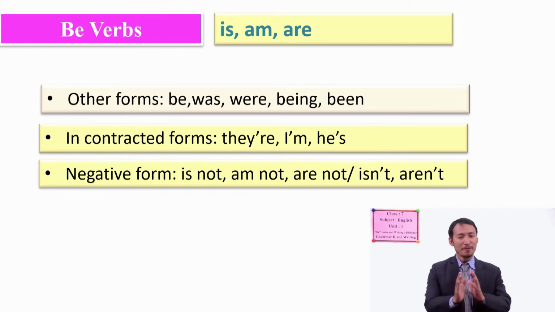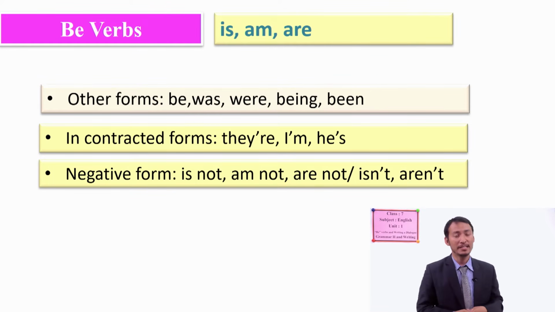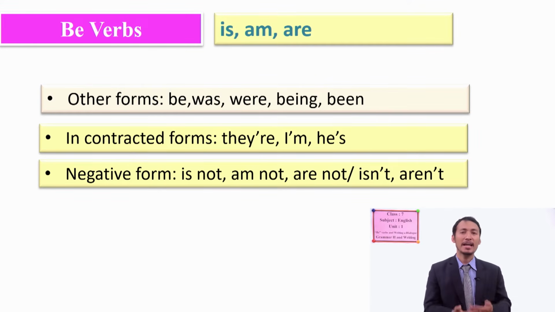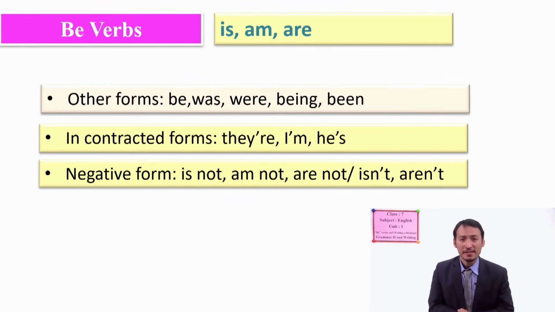And for the negative form, as we have practiced, we can use not directly after these be verbs because they are auxiliary verbs. After auxiliary verbs, we can put not to make sentences negative. Any auxiliary verb in the sentence can have a negative form with not right after it.